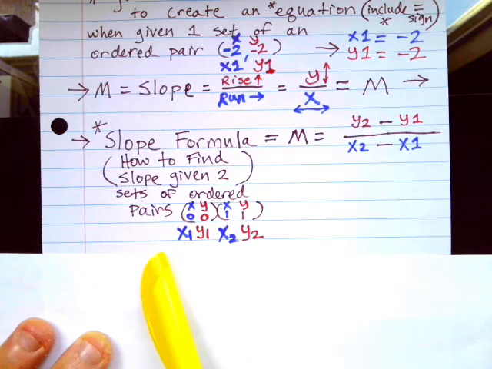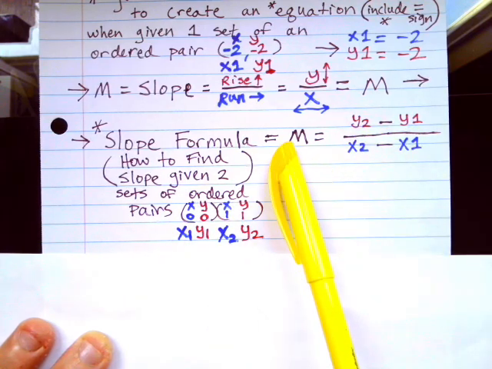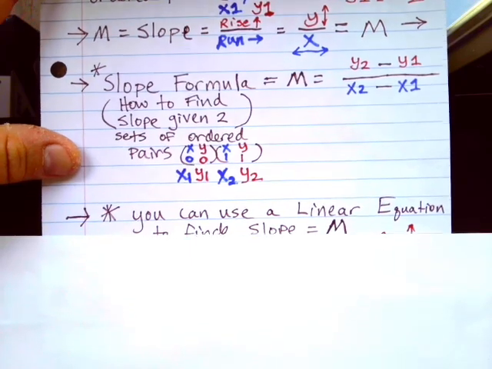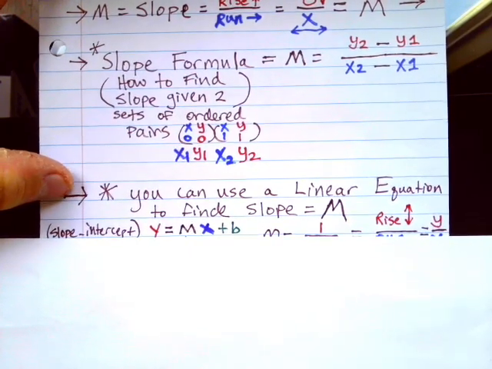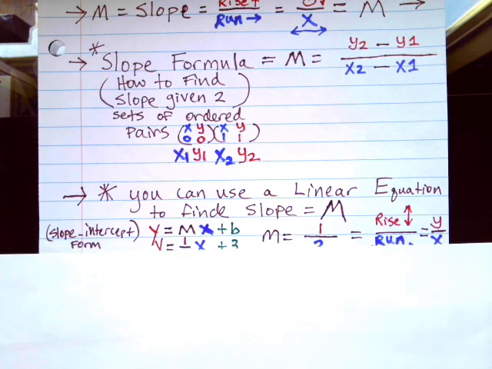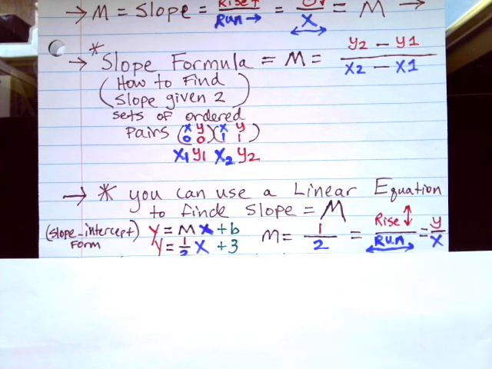Then you would organize these values and substitute them into the slope formula in order to determine what your slope is. Again, most of this is review. If not, please go back, start at video 1 and work your way to video 9, and this should make crystal clear sense to you.